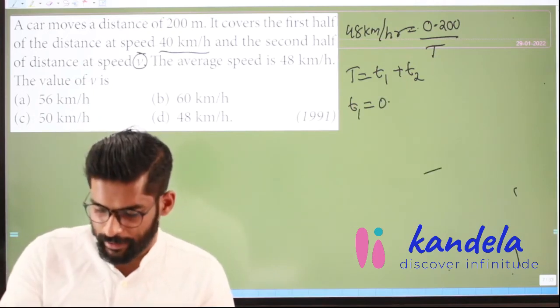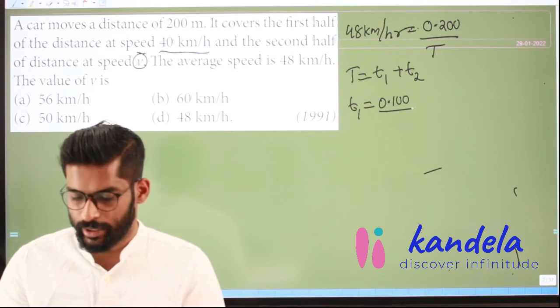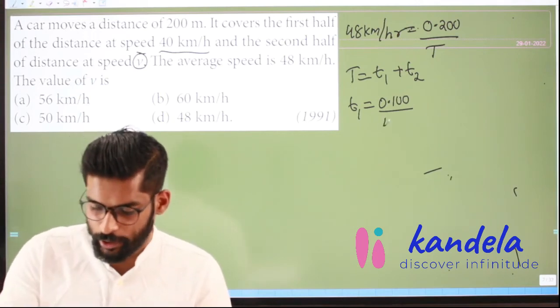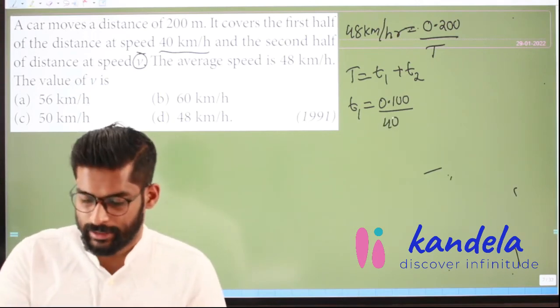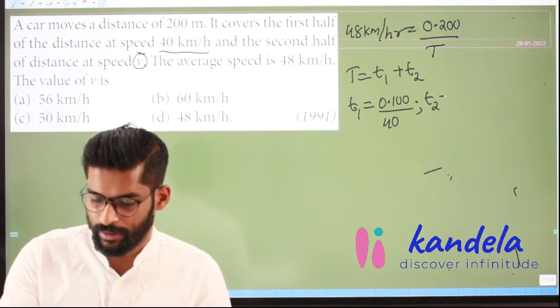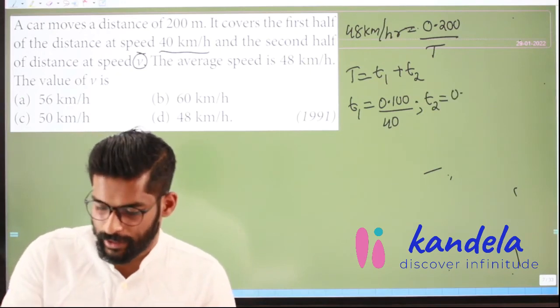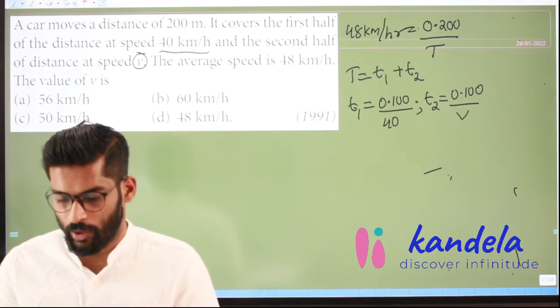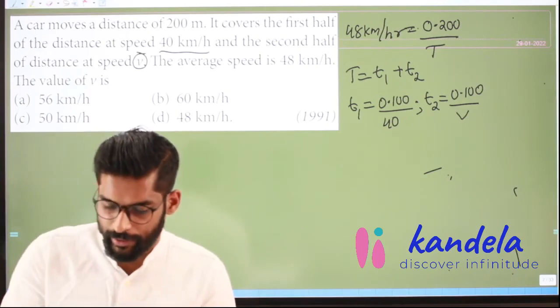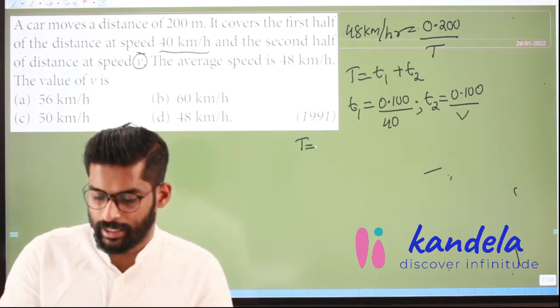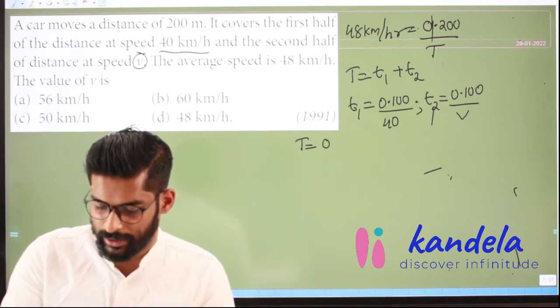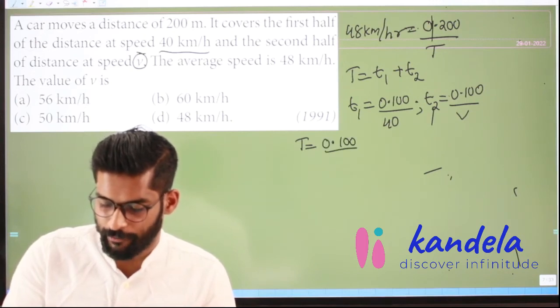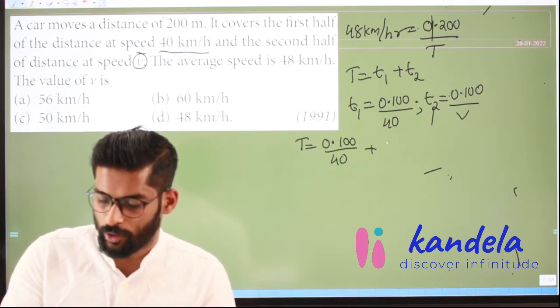So that will be 100 meters, that is 0.1 kilometer divided by 40. And t2 will be 0.100 divided by V. We don't know V. Going ahead, t is t1 plus t2, so that will be 0.100 divided by 40 plus 0.100 divided by V.